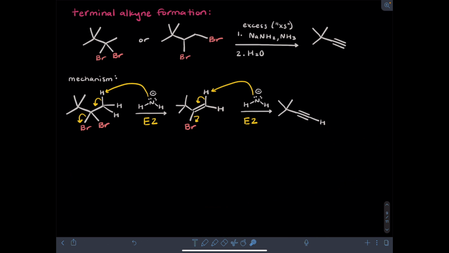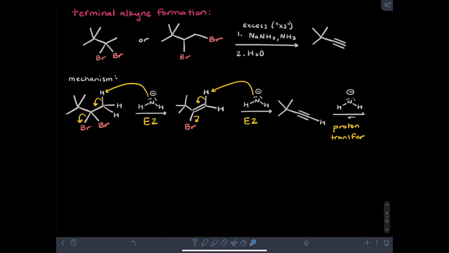So it looks like we have a terminal alkyne, but our mechanism is actually not over yet. This is because if you look back to your original starting materials, I had an excess amount of the base present. And the terminal alkyne that I just generated is a decent acid.